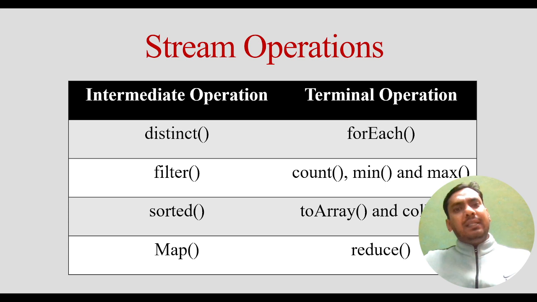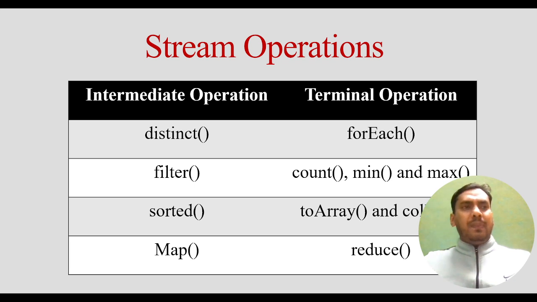You will get a sequential stream instead of a parallel stream. Let's say I have a sequential stream and I call the method parallel. If possible, it will create a parallel stream, but if a parallel stream is not supported, it will return the sequential stream only. So this is how you can convert one type of stream into another using the methods sequential and parallel.